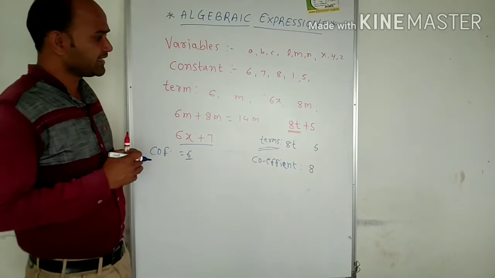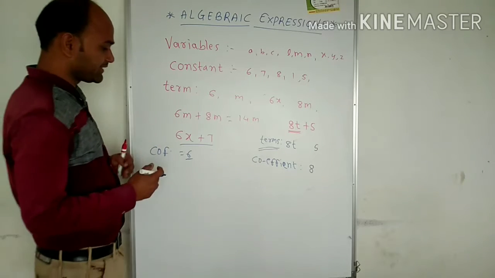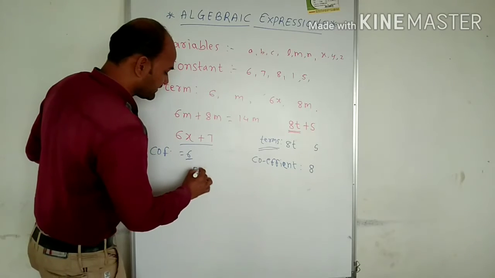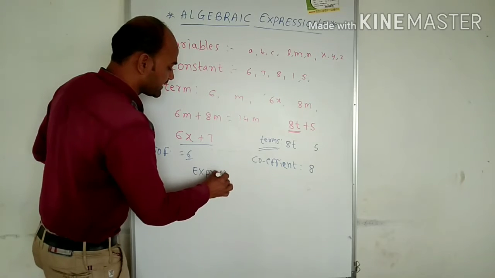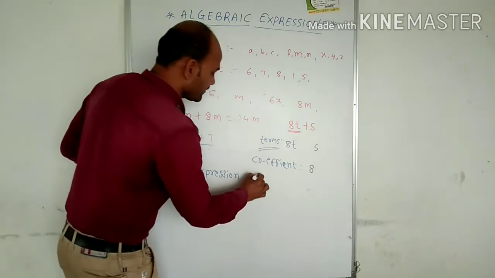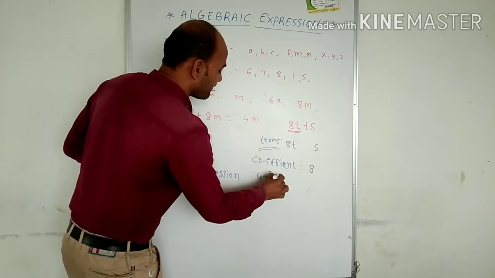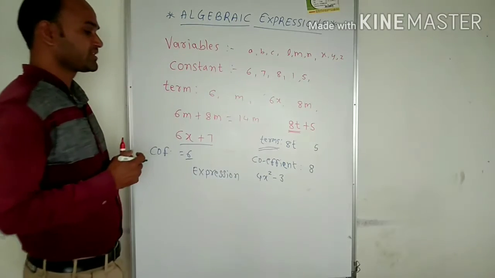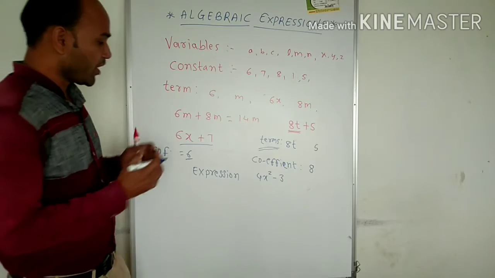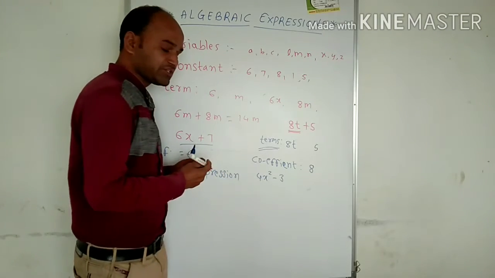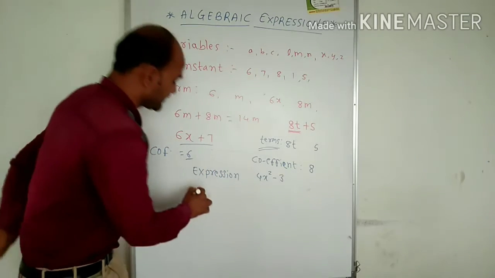In this way we have to find out the coefficients also. Next we can see the factors. For example, take the expression 4x square minus 3. Among this expression we have to see the terms first.